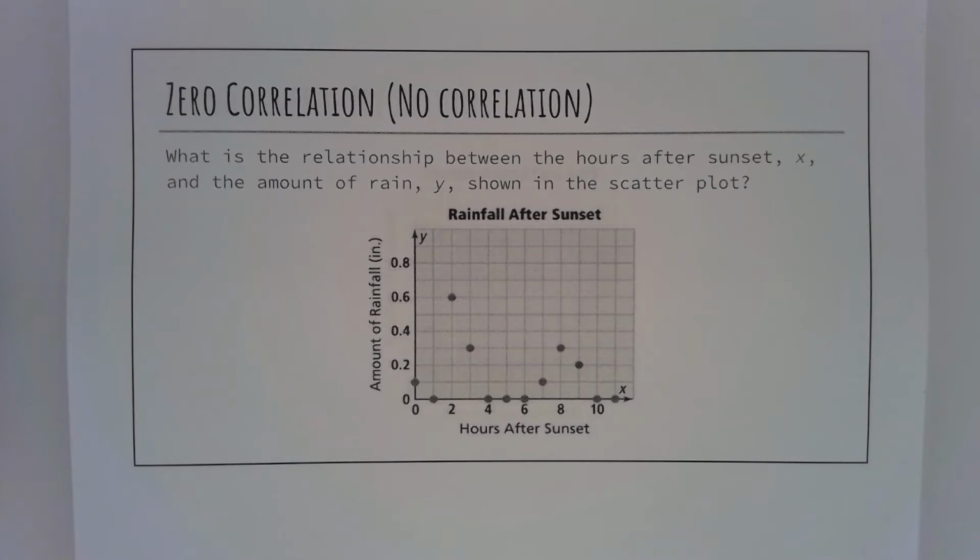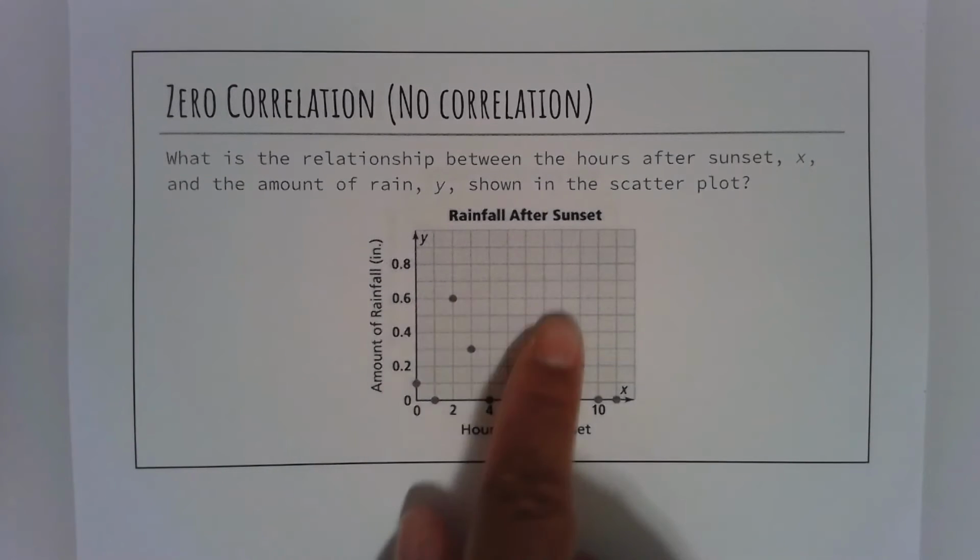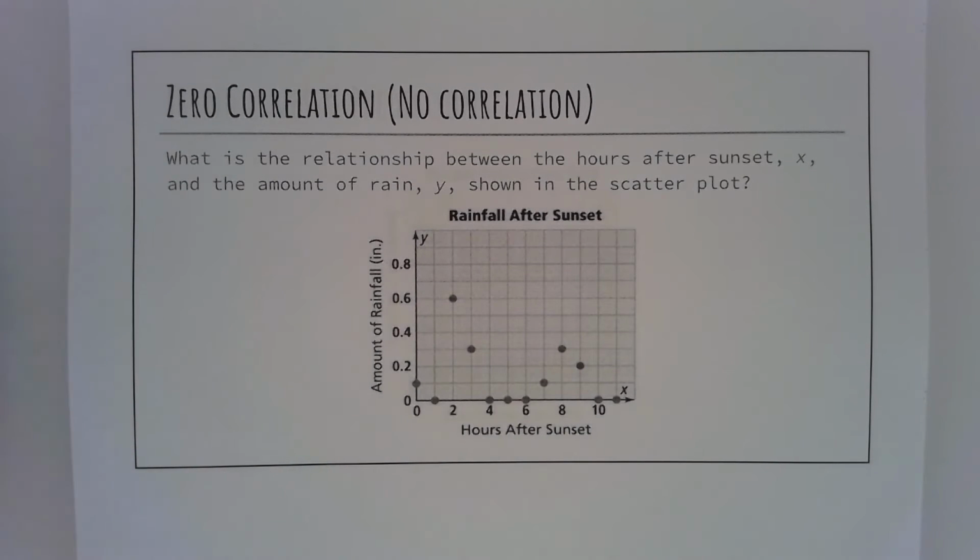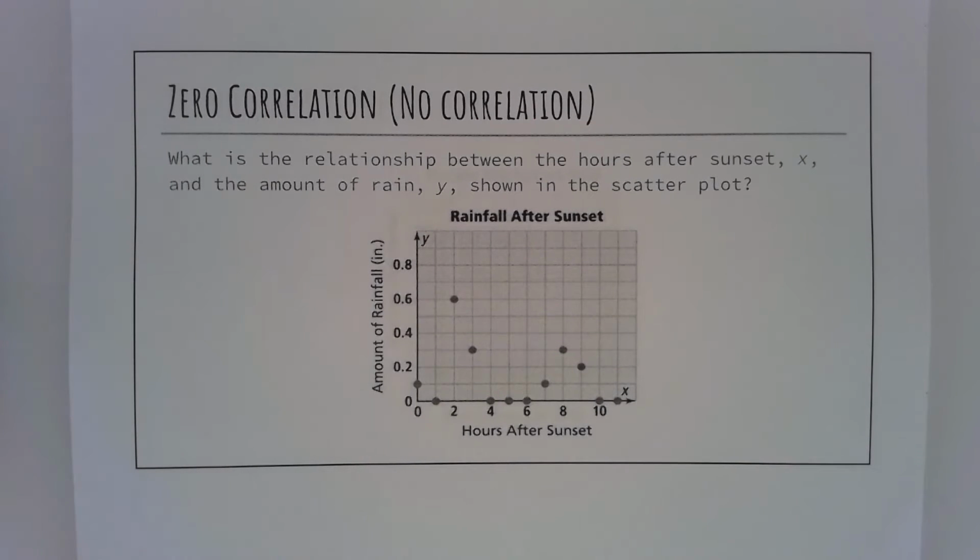So it doesn't matter if it's been 4 hours or if it's been 10 hours after sunset, the rain just continues to fall, depending on what it typically is going to fall that day. So you can see that all of the points are all over the place and there is no type of pattern here. When you see no pattern, that means there is zero correlation.